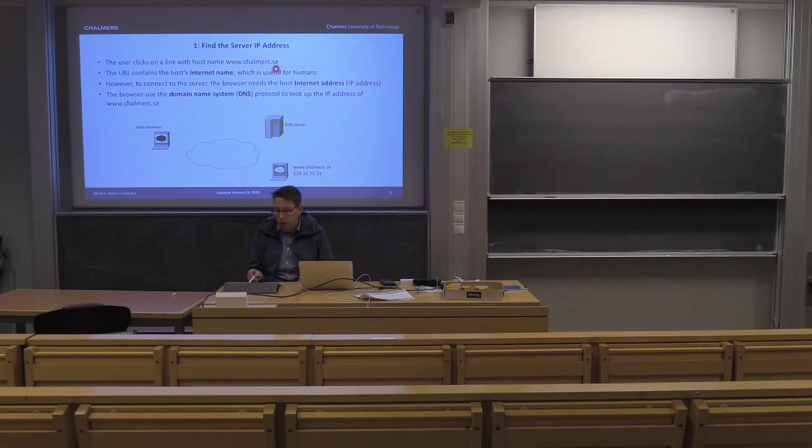www.chalmers.se. Now the network does not understand where this server is located. This information here is basically for human consumption. It tells us that it's a web server, seems to belong to Chalmers, and it seems to be a Swedish server. That's what we can decode from this as humans, right?